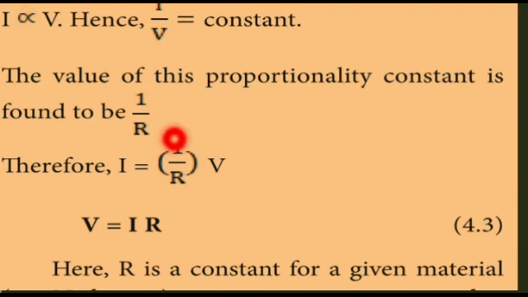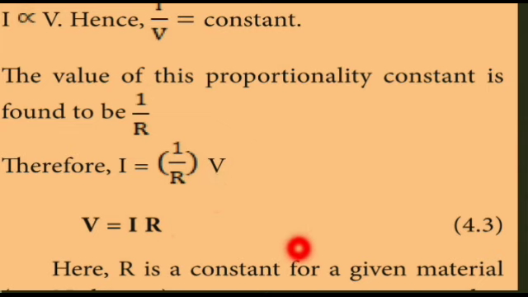So I is equal to 1 by R into V, because if I take I to this side, V will go to that side. So the constant is nothing but 1 by R. That's why I equals 1 by R into V. Next step, if this R goes to that side, we will get IR. So V is equal to IR.